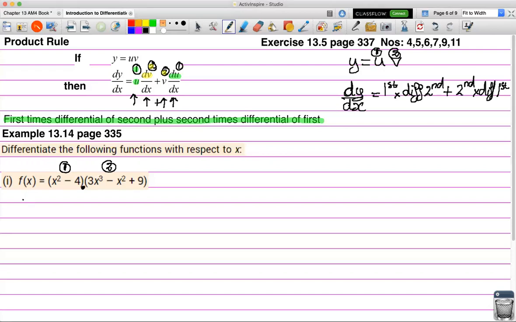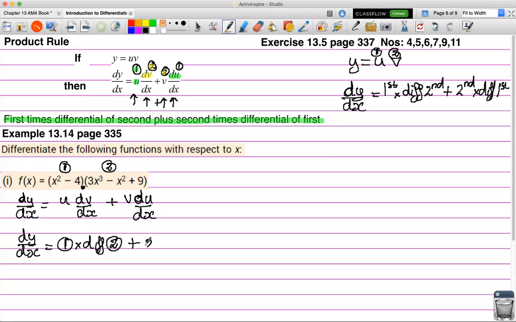We look at the formula book and we discover that the formula is dy dx is equal to u dv dx plus v du dx. How does that translate into English? Well, dy dx is now equal to the first function times the differential of the second function plus the second function, which is v, times the differential of the first function.